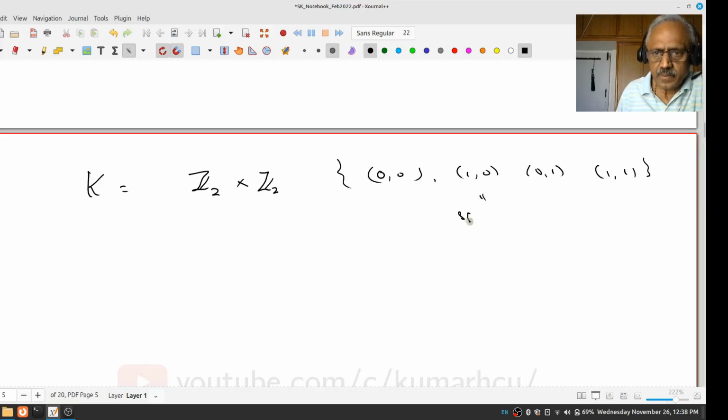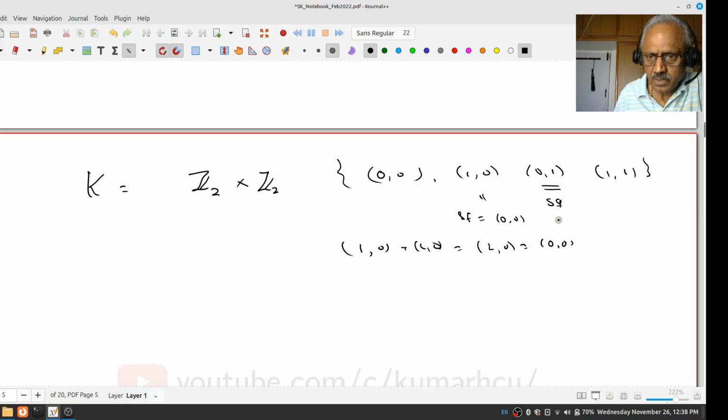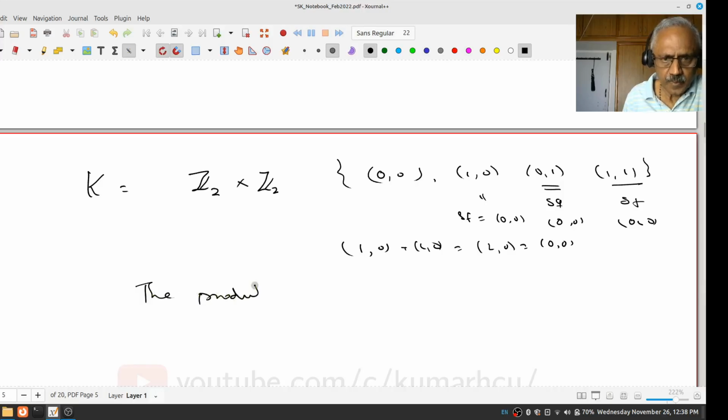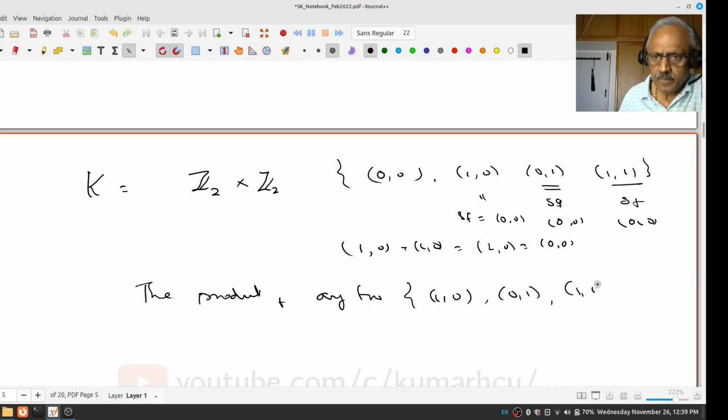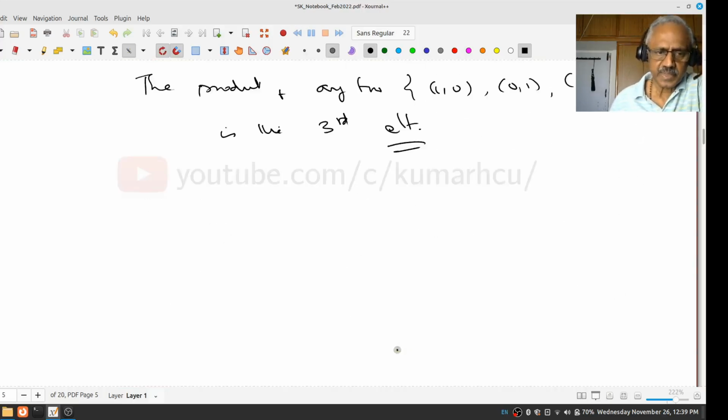And here the square of (1,0) is (1,0) plus (1,0), that is (2,0), which is (0,0). Similarly, the squares of the others are also (0,0), and the product of any two is the third element.